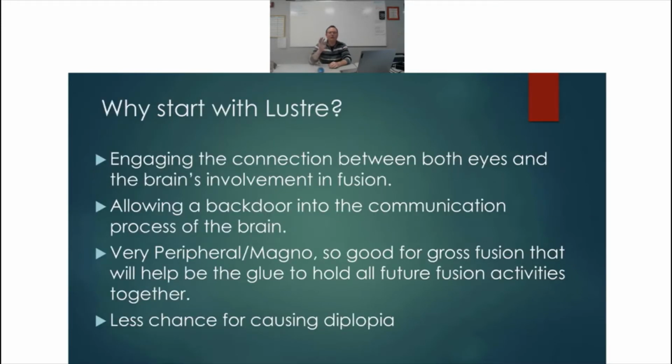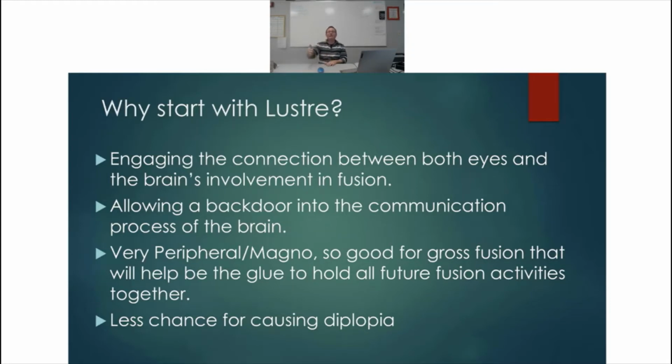Why start with luster? Okay, this is engaging the connectivity between both eyes and then the brain's involvement in fusion. Okay, we want both eyes working. Okay, that's just the way we want it. But we have to recognize that suppression, okay, the fact that one eye is not giving information, is an adaptation.